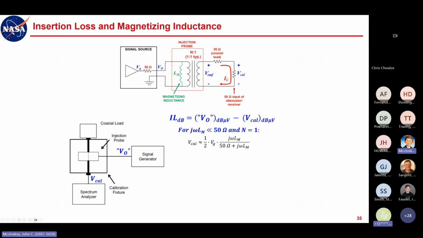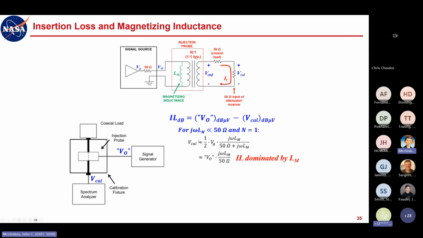And for VCal, it's half of the VEMF. So that's our factor of 1/2 out here. Okay. But the point here is that at low frequencies, the insertion loss is dominated by that magnetizing inductance. So far, so good.